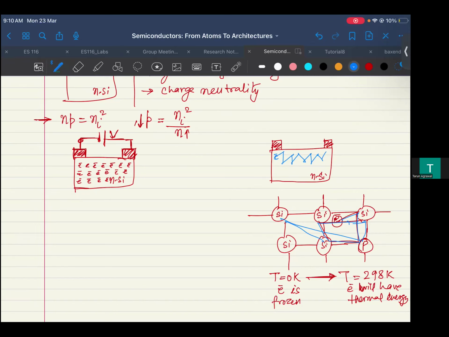So even if you don't apply any voltage, the electron is moving, hitting, coming back, and hitting again. This is the motion that is happening.